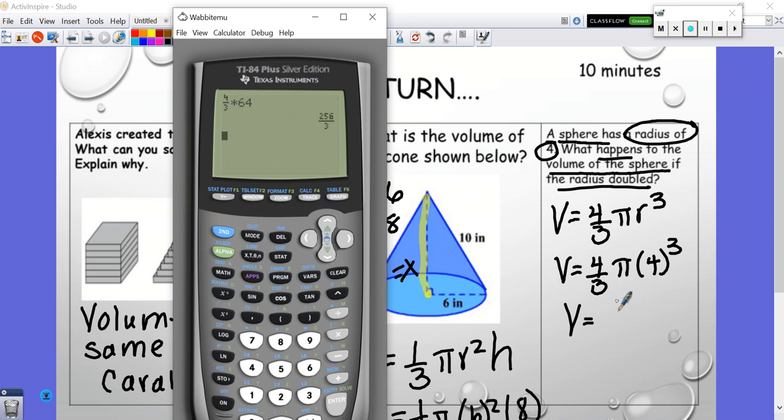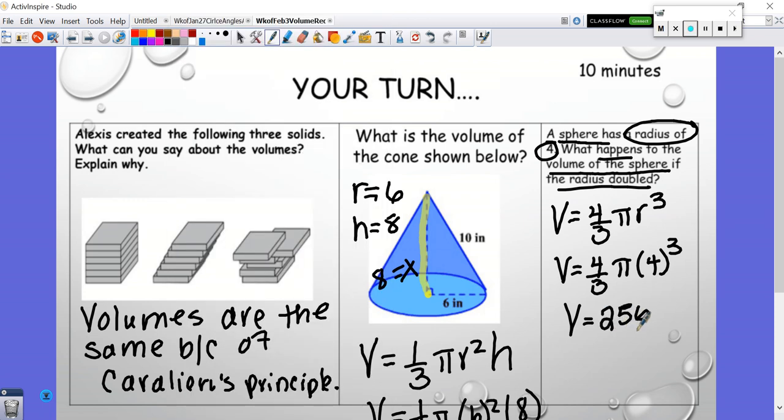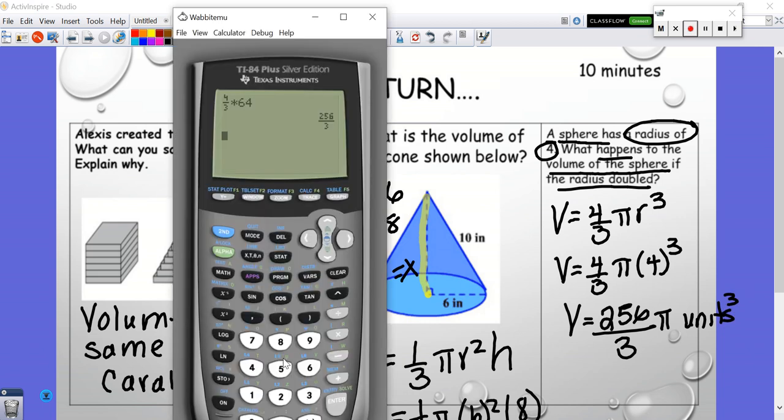So we get 256 over 3 pi, and it didn't give me units, so we get units cubed. And let me make sure I did my 4 to the 3rd power correctly. Yeah, I'm good.